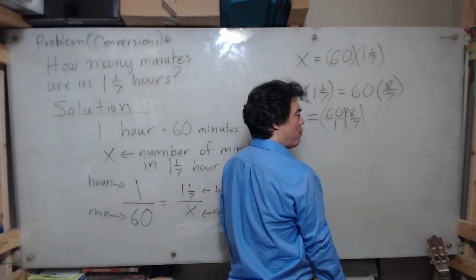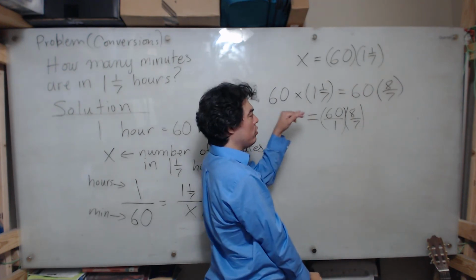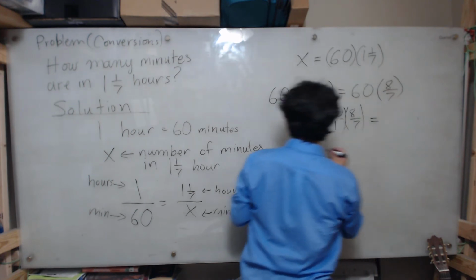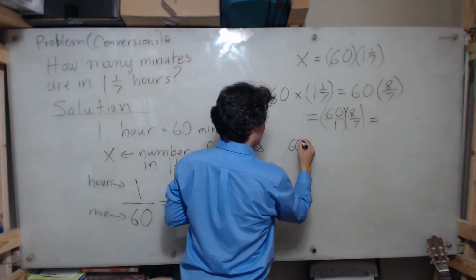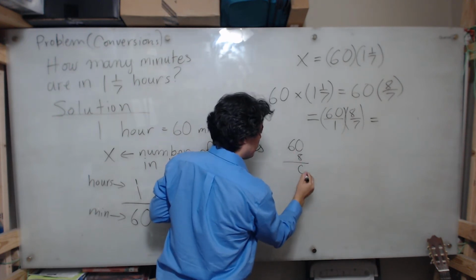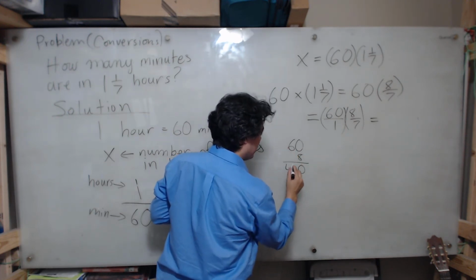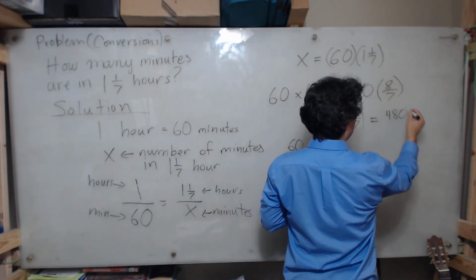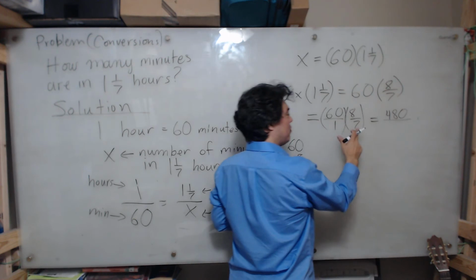And now we remember when we multiply fractions, we multiply across. So it's going to be 60 times 8, which I'm going to do over here. 8 times 0 is 0. 8 times 6 is 48. So it's 480 divided by 1 times 7, which is 7.